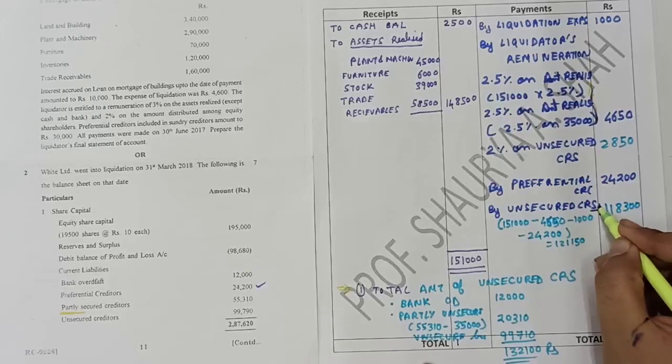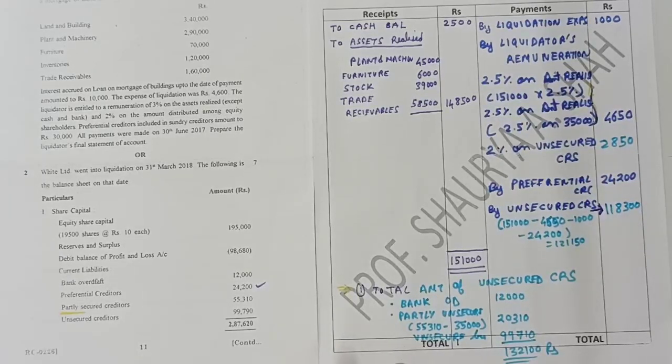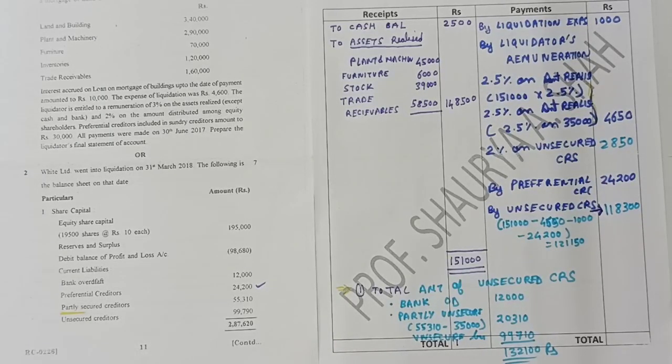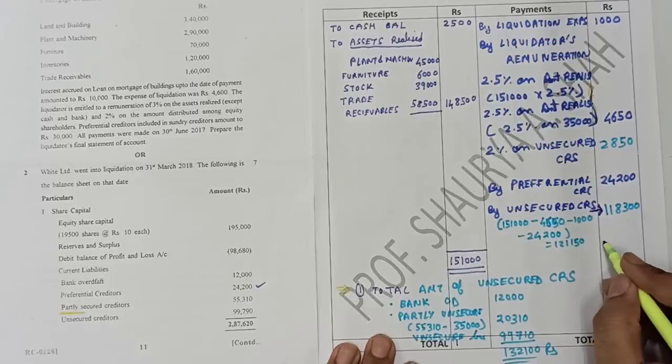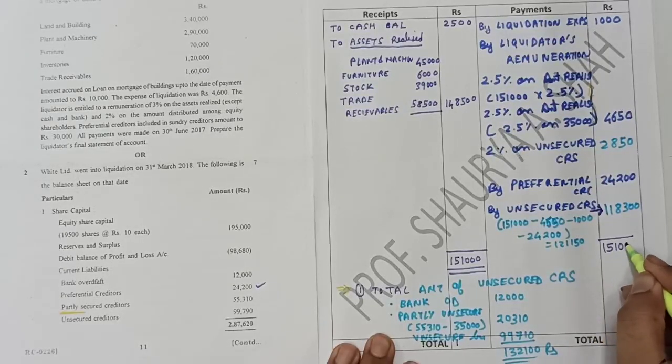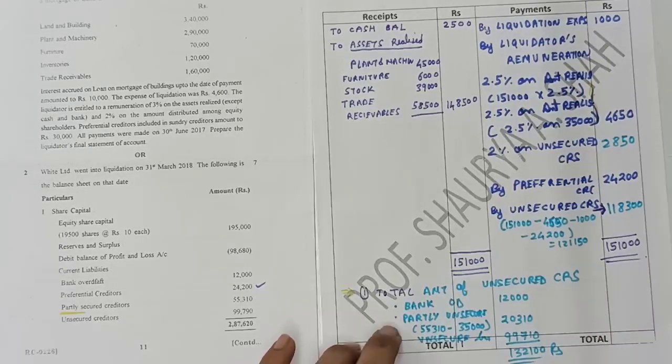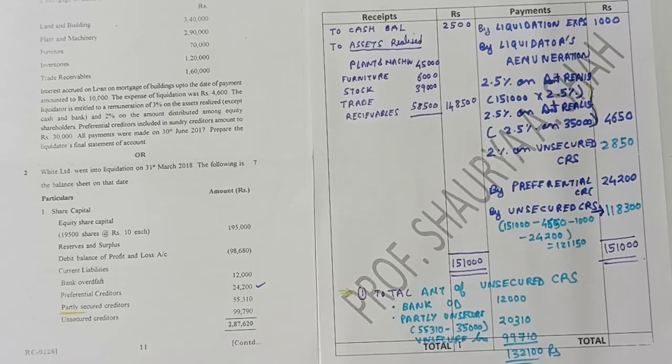This is most important, students. Many times many students make a mistake here, so you need to be very careful regarding the amount. If I do the total, it will again come to 1,51,000 rupees. So you calculate from the balance you have after deducting.